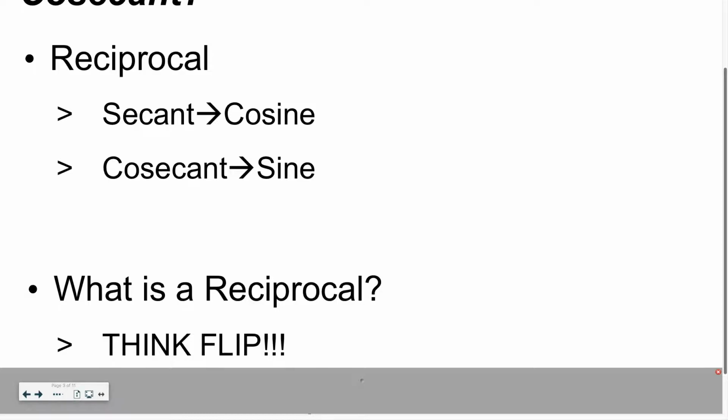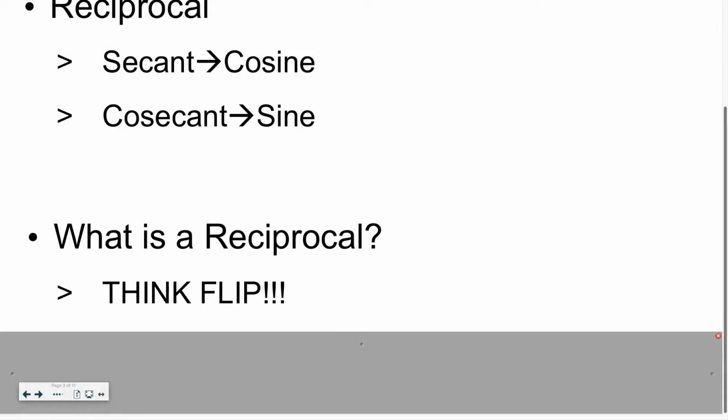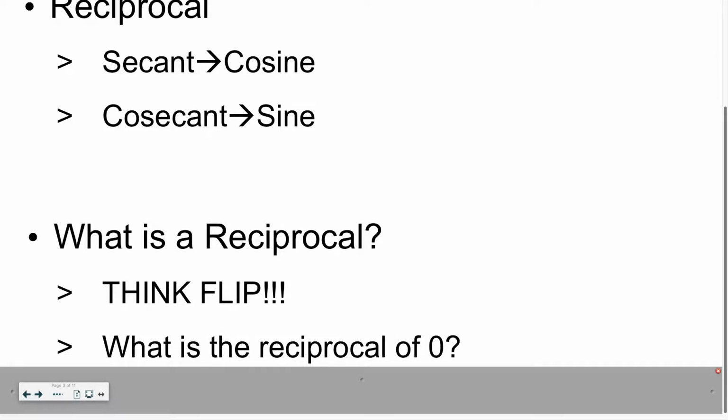Undefined. So we know that the reciprocal of 0 is undefined. Well, how are we going to represent that on a graph? Don't draw a graph? That's not what's going to happen. It's not a hole, but that's a really good idea, and you're really close.